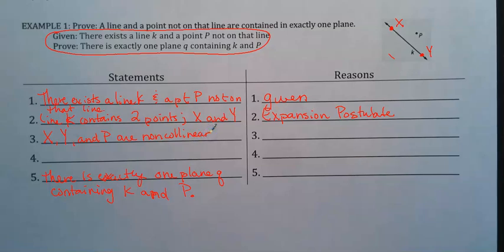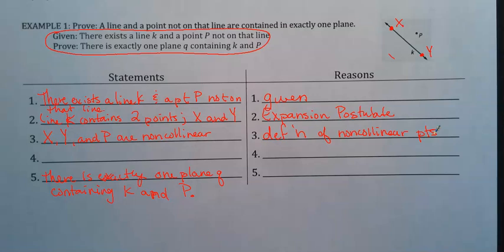Okay, and that's just the definition of non-collinear. So I use the abbreviation def of non-collinear points, PTS. Okay, so now I've got these non-collinear points.